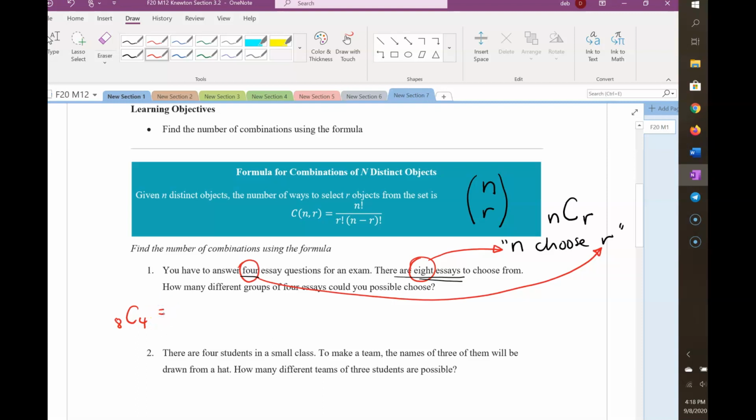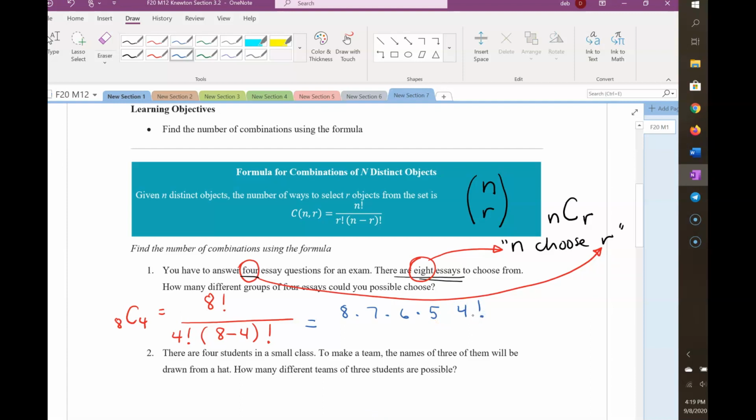According to this formula, put 8 factorial in the numerator, and then 4 factorial in the denominator, and then 8 minus 4 factorial. Well, we talked in the previous lesson about the fact that you can rewrite factorials as a product with some parts of the factorial and then another factorial.